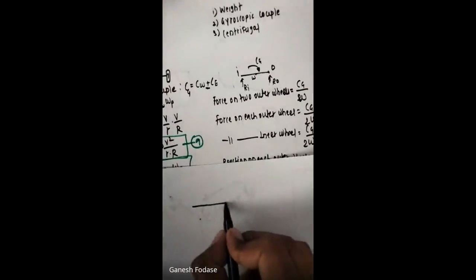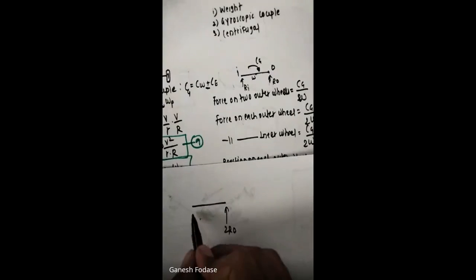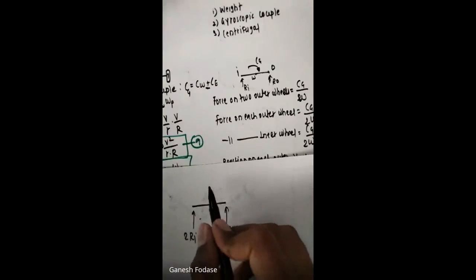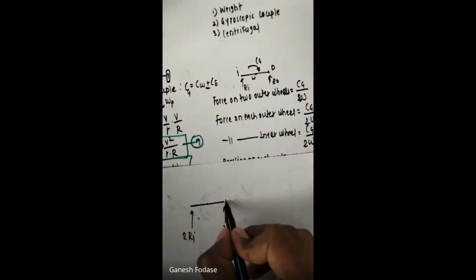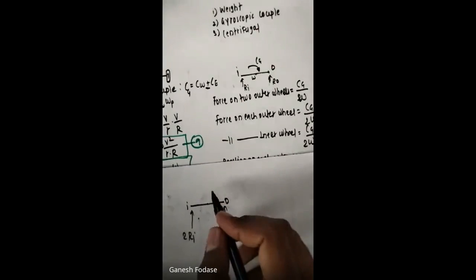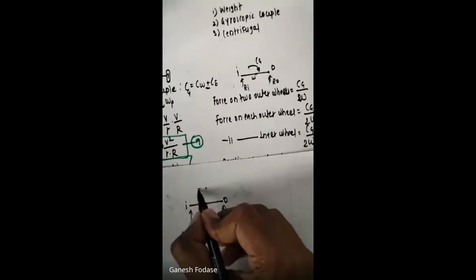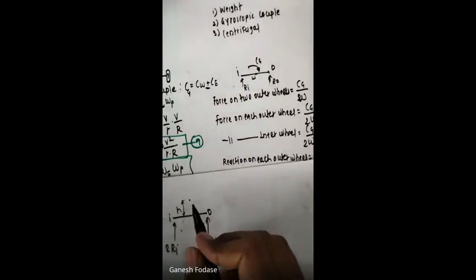I can see here these are the 2 times RO as the 2 outer wheel reactions, and this is 2 times RI as the 2 inner wheels. Here let's say this is outer wheel O and this is inner wheel I. And due to centrifugal force, actually centrifugal force is acting at a certain distance from ground level. Let's say it is given to you at some height h, and centrifugal force will act.